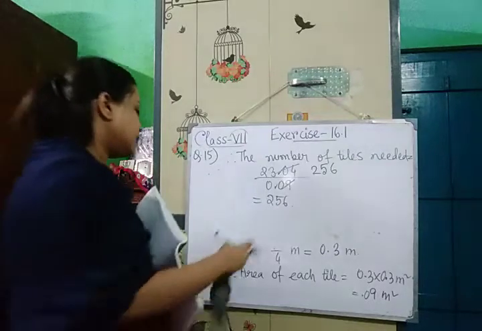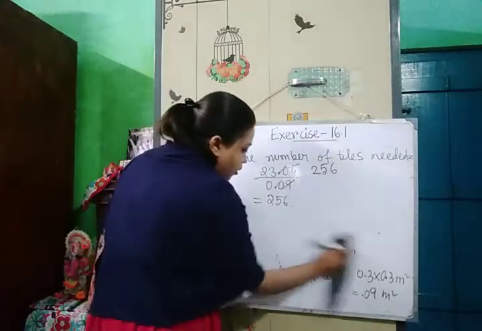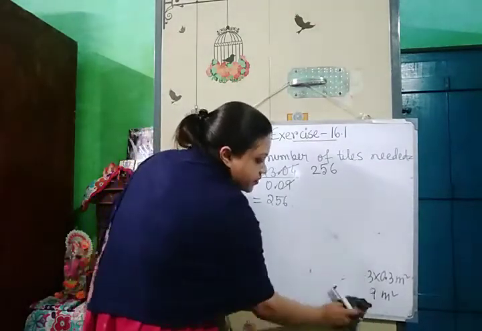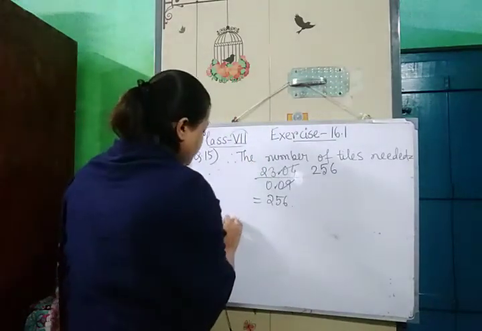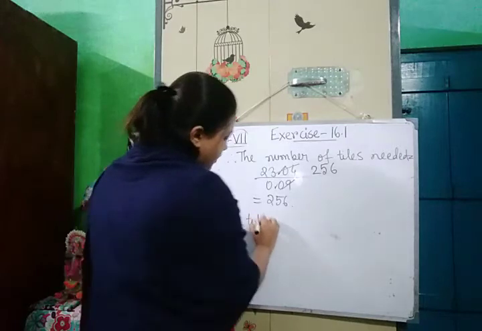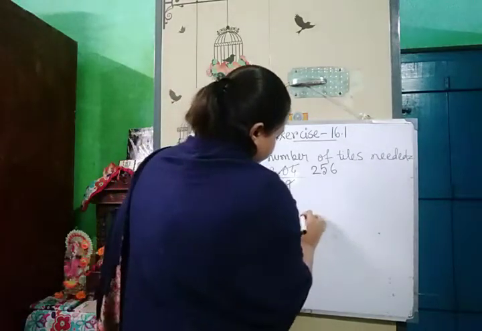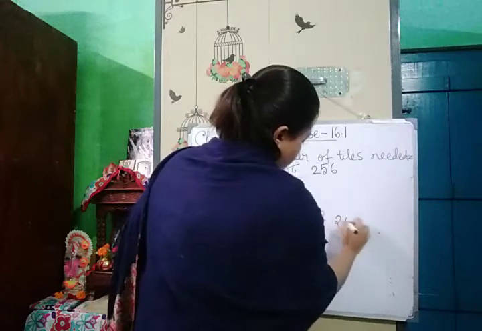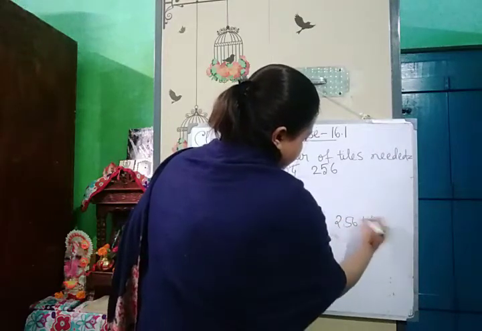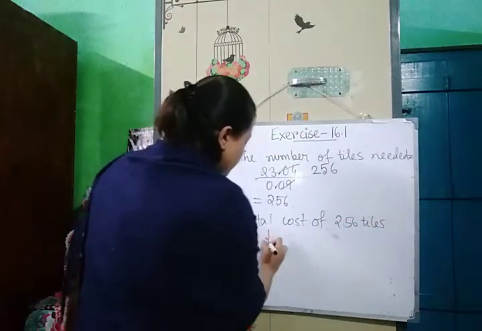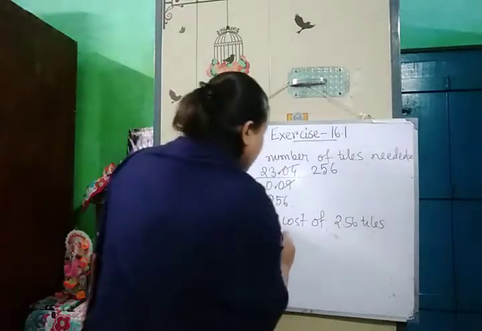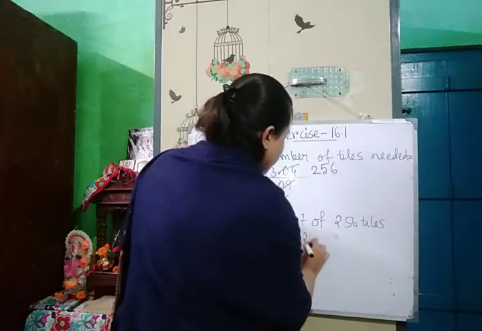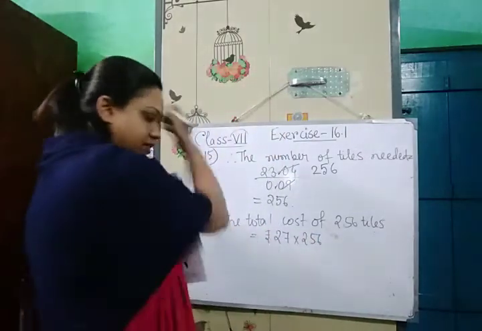256 tiles needed. Now the cost of each tile is given. We are going to find out the cost of 256 tiles. So therefore the total cost of 256 tiles is equals to rupees. The cost of one tile is 27. So the cost of 256 tiles will be 256 into 27.